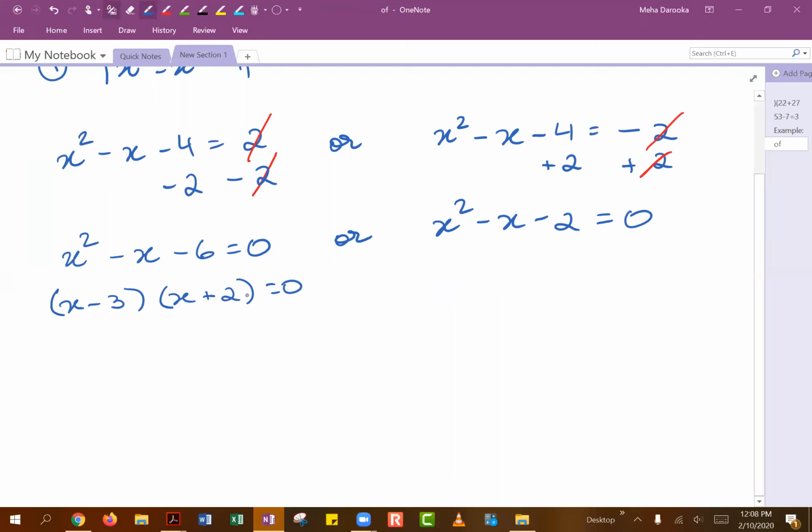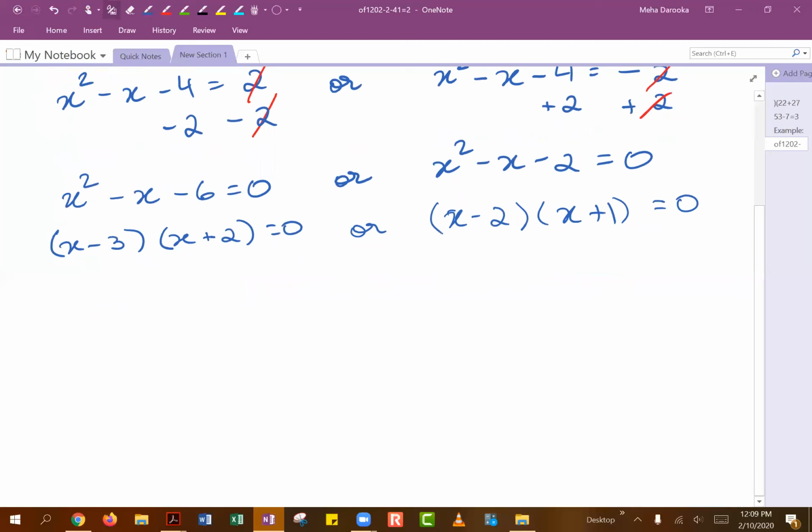When we multiply negative 3, positive 2, we get negative 6. But when we add negative 3 with positive 2, we get negative 1, which is our middle term. What about x squared minus x minus 2? Very nice. X minus 2 and x plus 1.